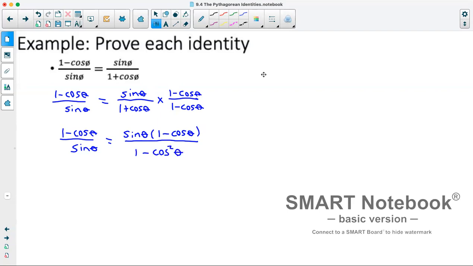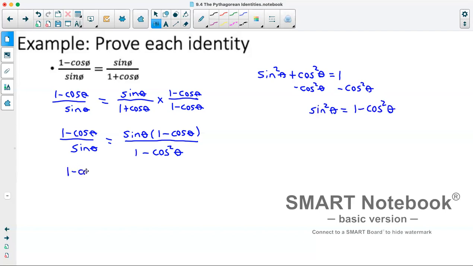Now, if we look at our Pythagorean identities, we've got sine squared theta plus cos squared theta is equal to 1. If I move this cos squared theta to the other side, that gives us sine squared theta equals 1 minus cos squared theta. So because we had 1 minus cos squared theta here, I can replace this denominator with sine squared theta.